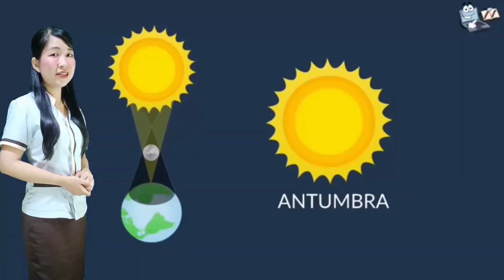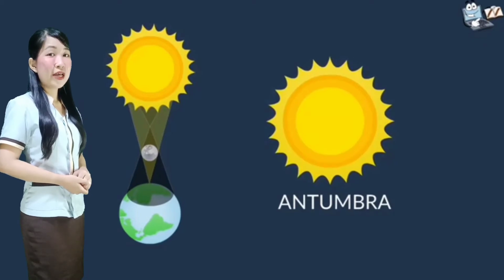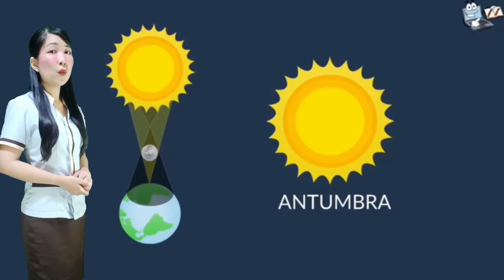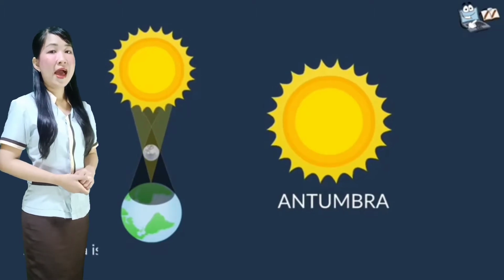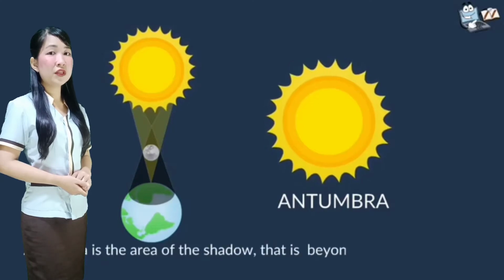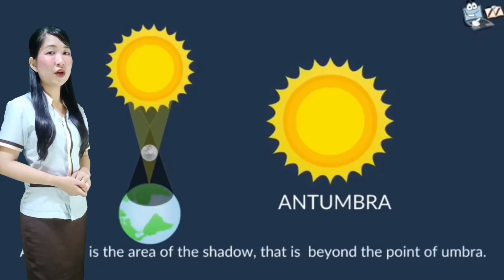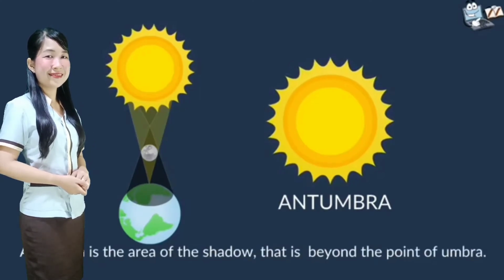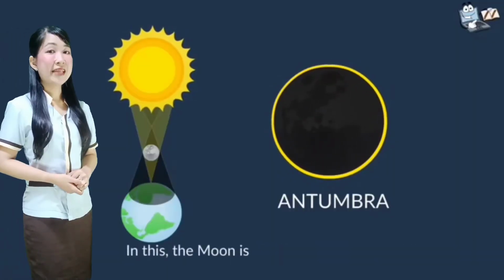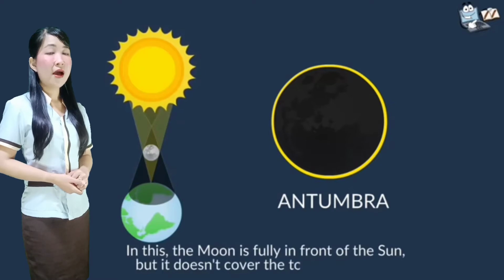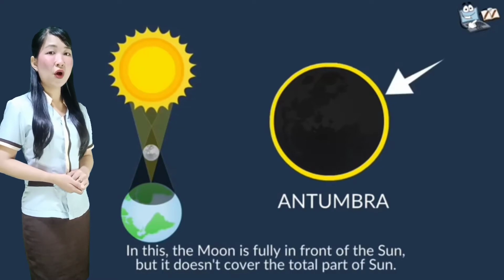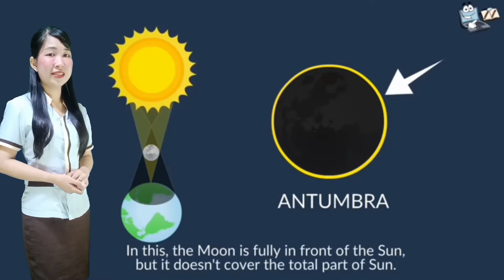Next is antumbra. Do you have any idea what is antumbra? Great! Antumbra is the area of the shadow beyond the point of umbra. In antumbra, the moon is fully in front of the sun, but it doesn't cover the total part of the sun.